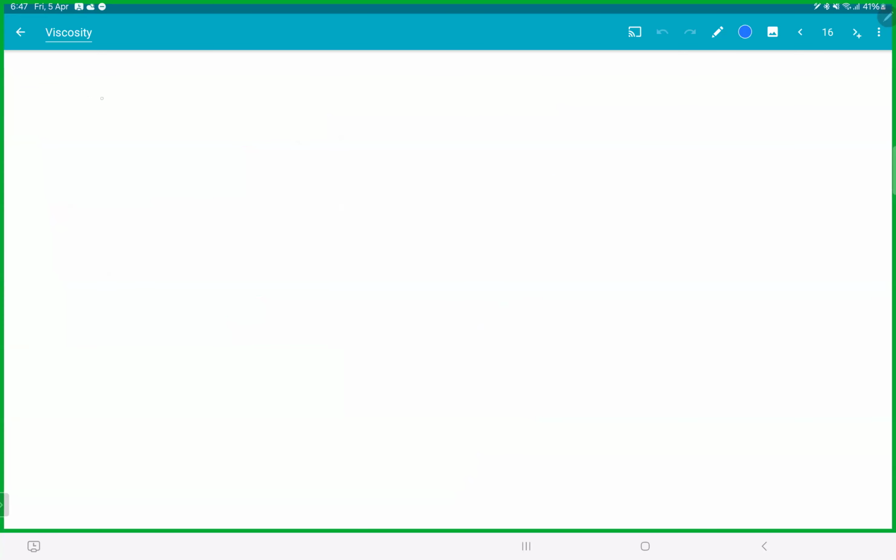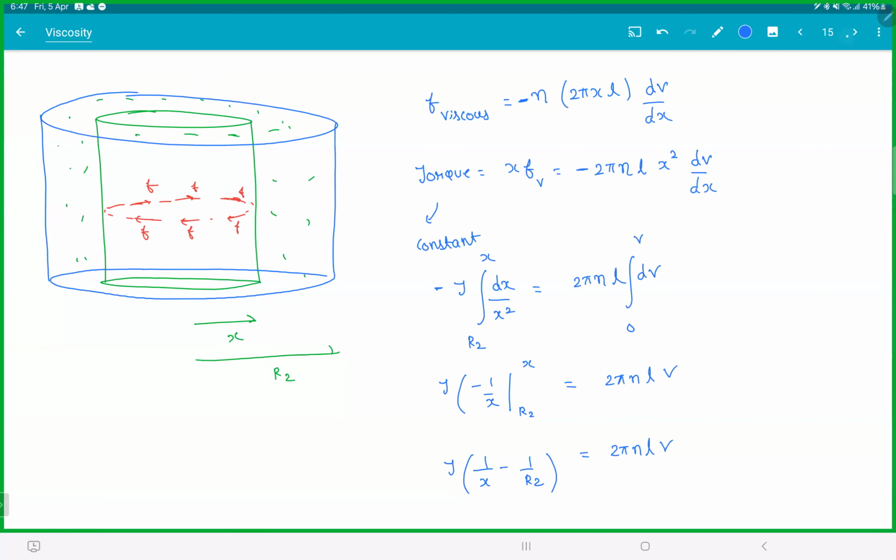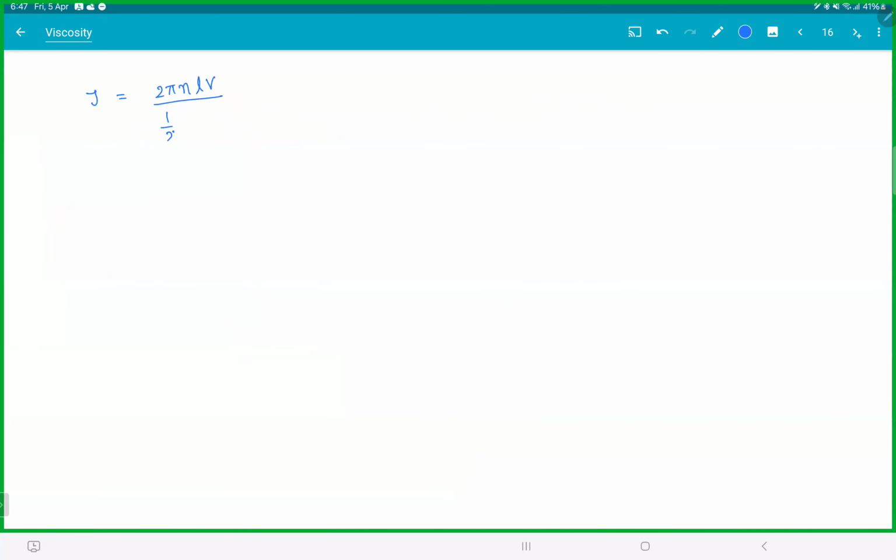See what we got here: torque is 2 pi eta LV by 1 by X minus 1 by R2. Since it is the same for everyone, if you substitute X is equal to R1, we will get the total torque. So when X is equal to R1, I'll get the torque value.